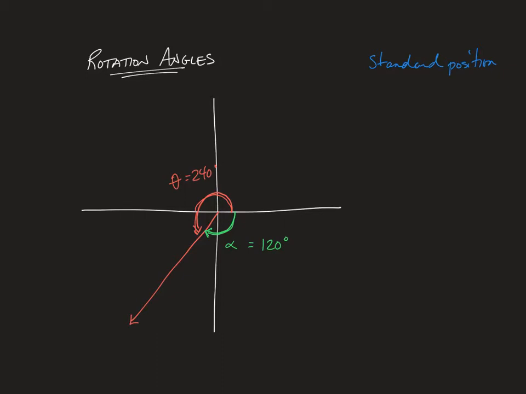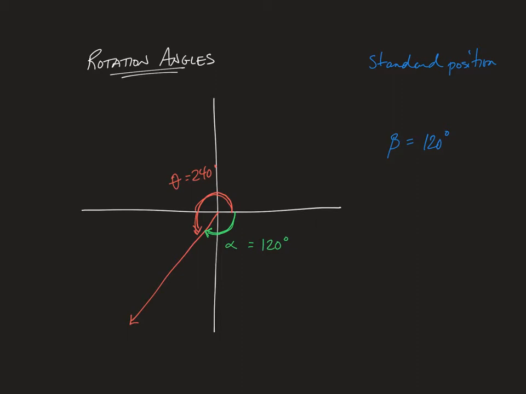Now, for us to talk about rotation angles, if I was to just give you information and tell you that I wanted you to rotate beta, and beta is going to be 120 degrees, can you see, given my diagram, that could be a little confusing?